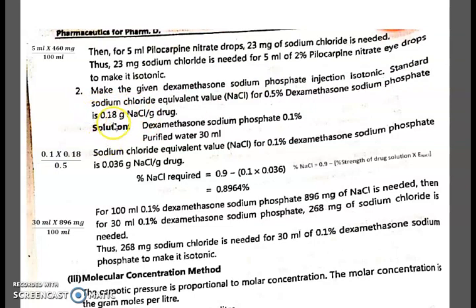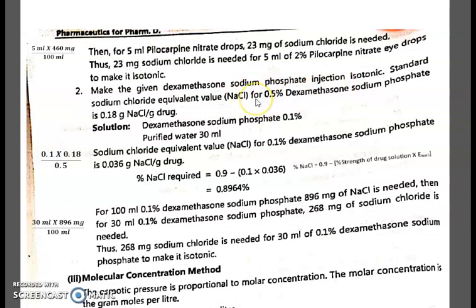In the formula, the dexamethasone sodium phosphate is 0.1% weight by volume, and the given NaCl value of dexamethasone sodium phosphate is 0.18 grams, which is for 0.5% weight by volume solution.